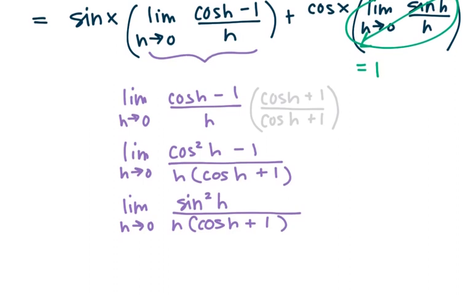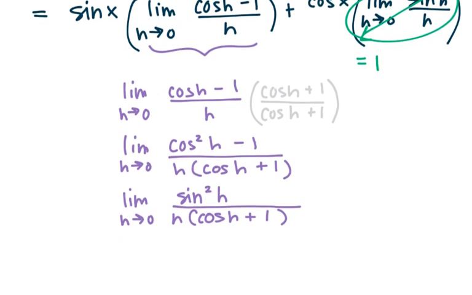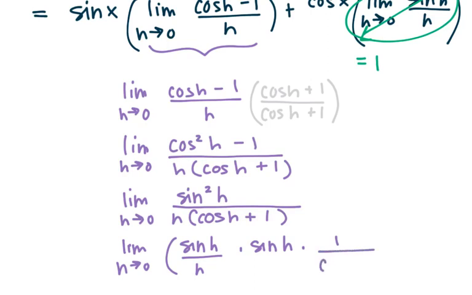At this point, if I get a little creative with spreading this out, I have the limit as h approaches 0 of sine h over h times sine h times 1 over cosine h plus 1. So basically I've just factored this and spread this out.